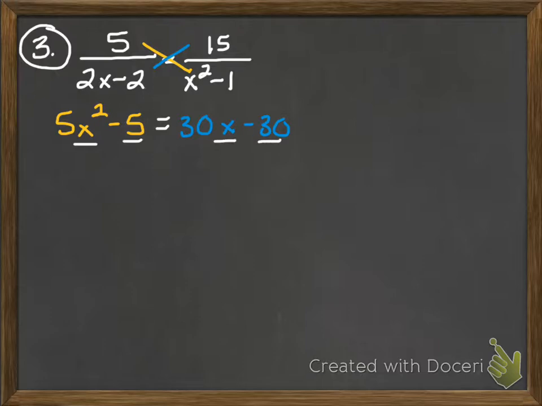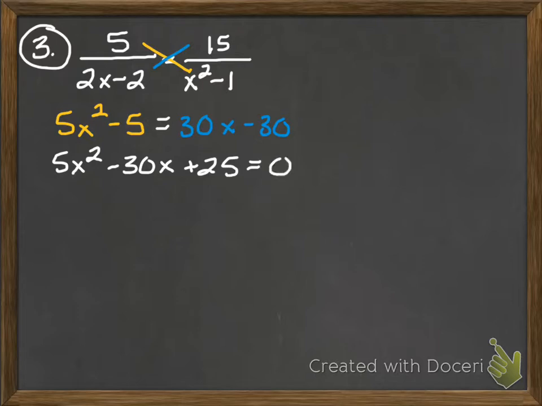So hopefully I can combine everything and I'll be able to factor everything out. So I am going to keep 5x squared over here and subtract 30x, so that's going to give me minus 30x over here. And then I'm going to add 30 to both sides, so -5 plus 30 is going to be positive 25.